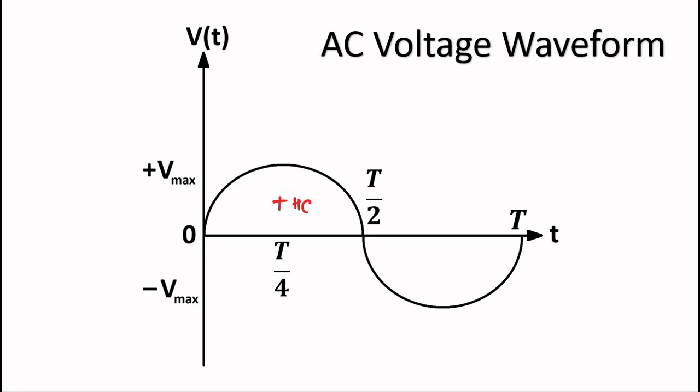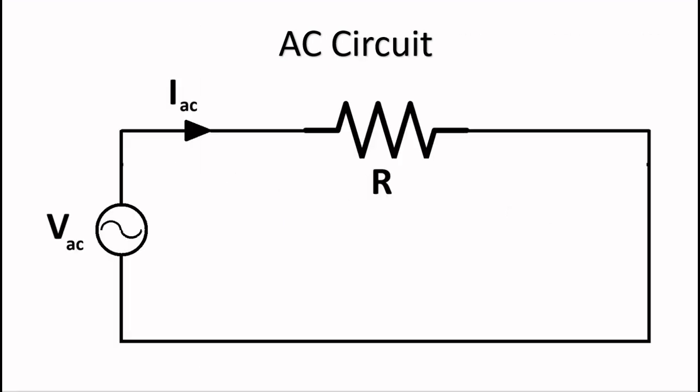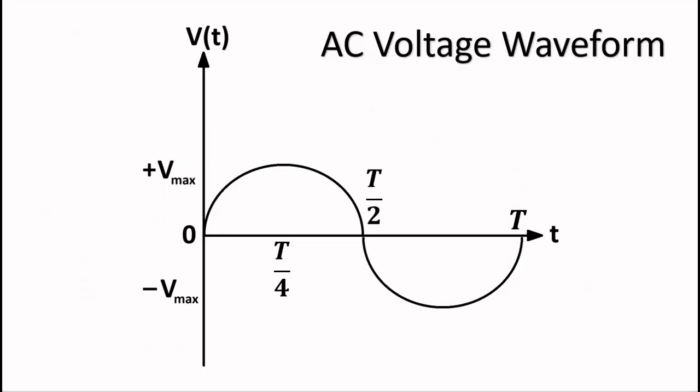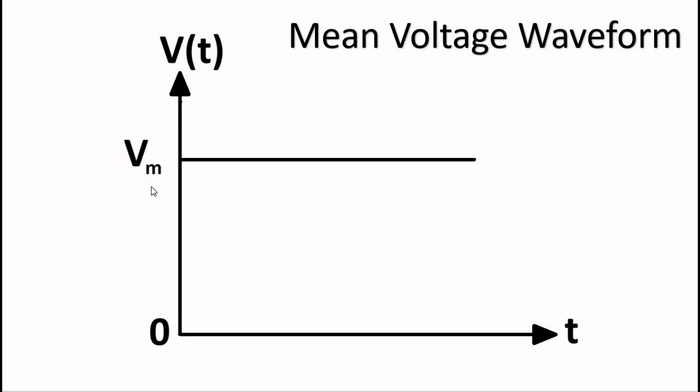Then it will send a certain amount of charge, resulting in the flow of current. It will send the same amount of charge as is sent by this DC voltage, which we are calling the mean or average voltage, V mean or V average, for the same time period.